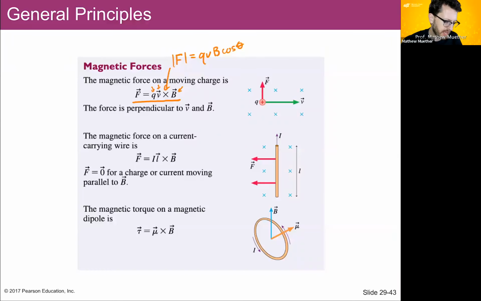Okay. If the velocity is aligned with the magnetic field, then I don't get a contribution. There's no force applied. If the velocity is perpendicular, that's when I get my strongest force.